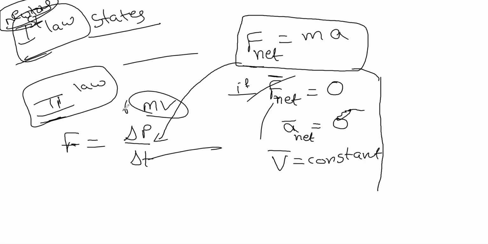On differentiating, keeping m constant, delta v by delta t is nothing but acceleration, so we got F equals ma, if the mass is constant. If the mass is not constant, then we use the differentiation rule for the mass also.